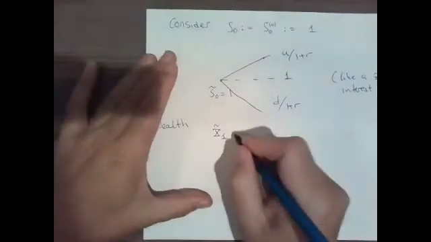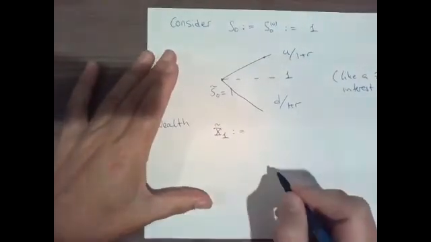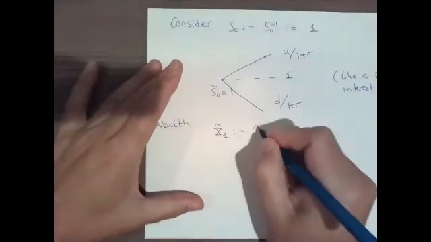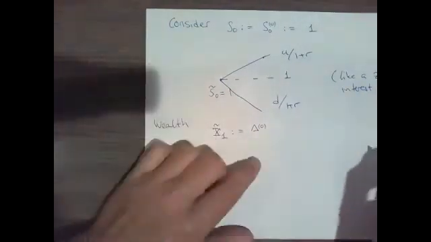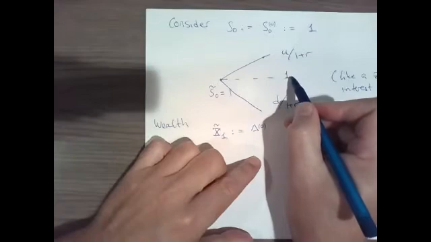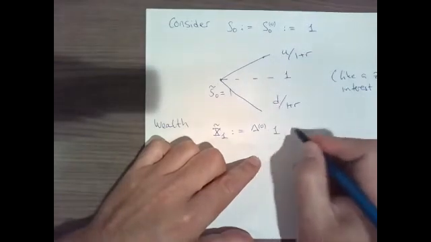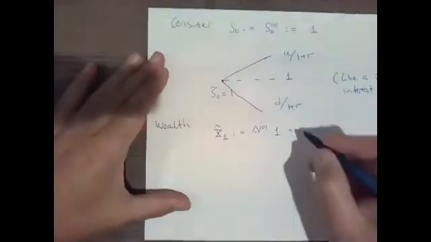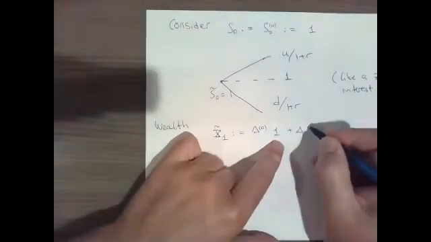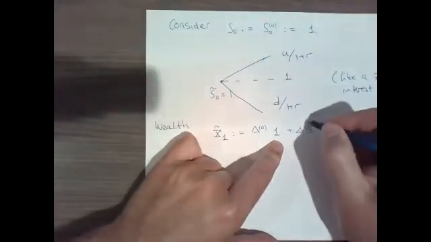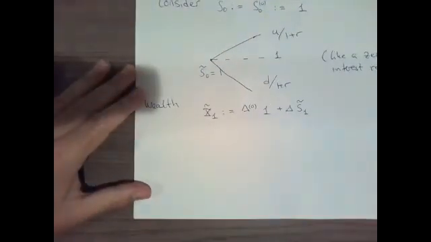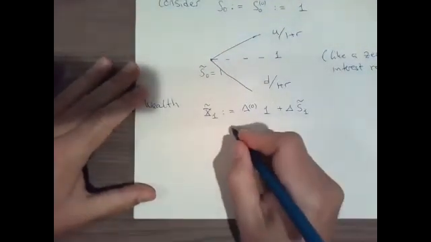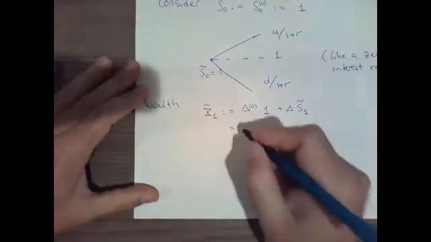The definition of wealth was, you look at the number of bank units times the bank price. The bank price at time 1 is equal to 1, plus the number of stocks that we have times the stock price, and the stock price was this S tilde 1 here.